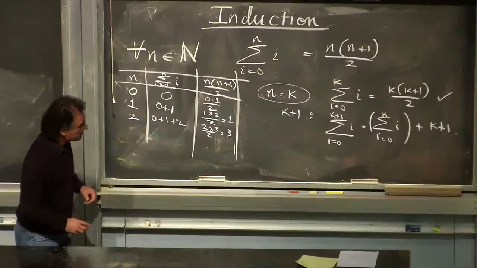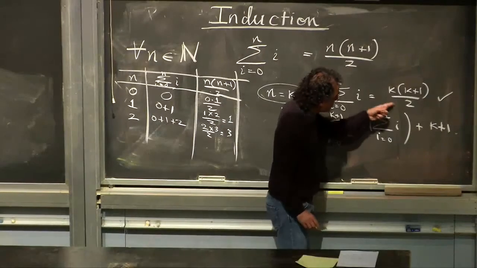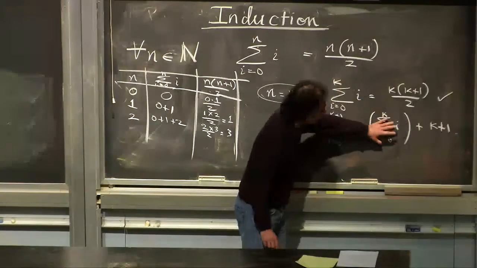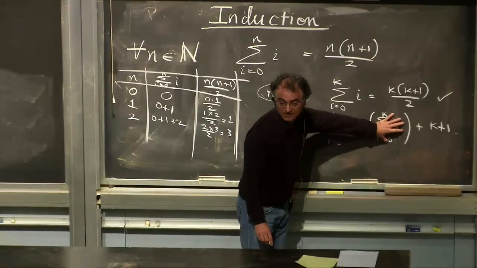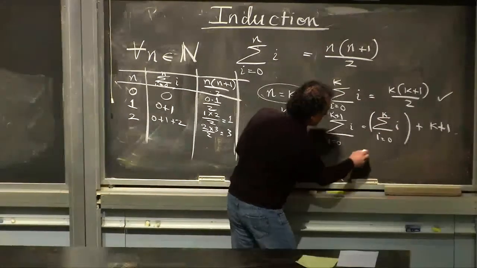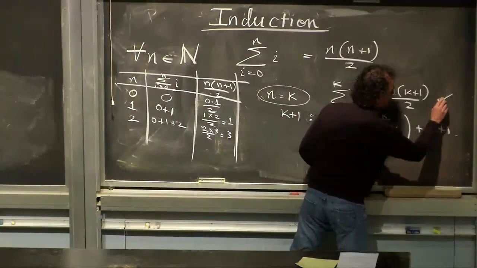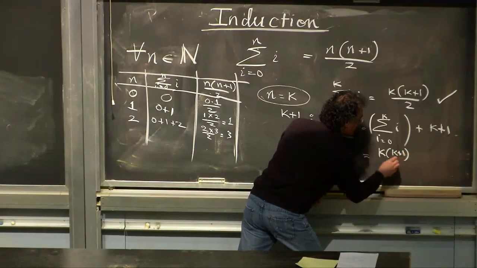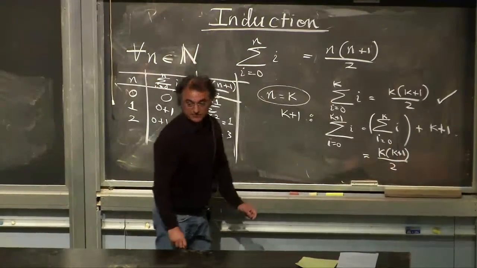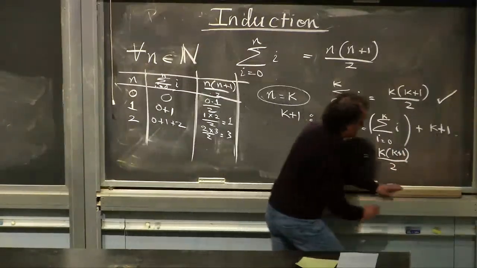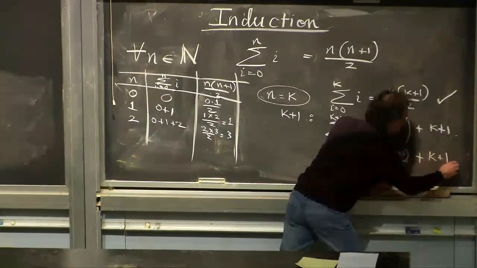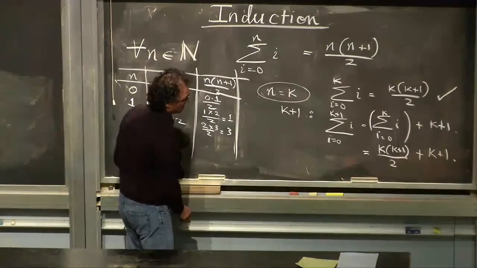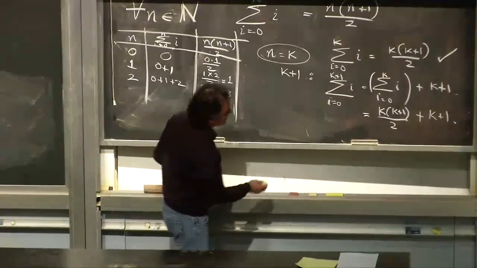But remember, we already checked that the statement is true up to k. So we know that this value, by the fact that we've checked it out, is equal to k times k plus 1 over 2. And so now we can just simplify.